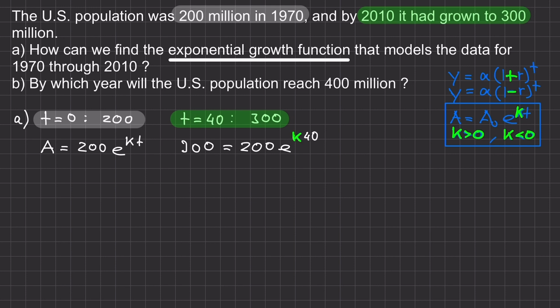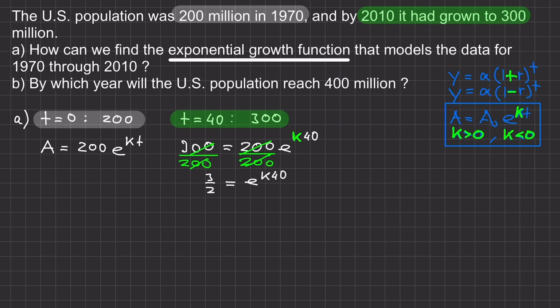I would really encourage you to pause the video and try. The first step is to divide both sides of the equation by 200 to isolate the exponential factor. So we get 3 over 2 equals e raised to the power of k times 40.